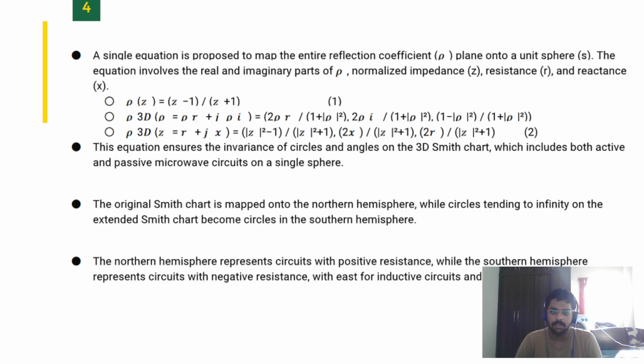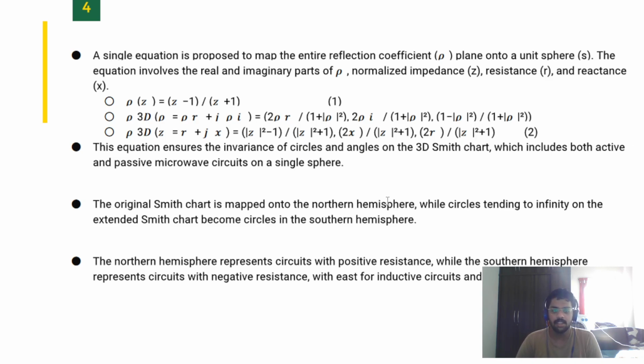That's the one we used in the 2D aspect. Now rho in 3D becomes, where rho is equal to rho_r plus i rho_j, equal to 2 rho_r by (1 plus mod rho squared) plus the other components. Now this is one equation, and these are the equations that were proposed.